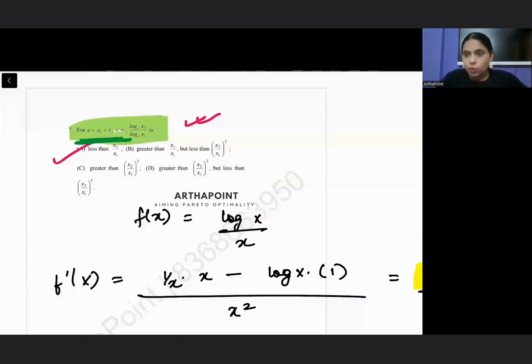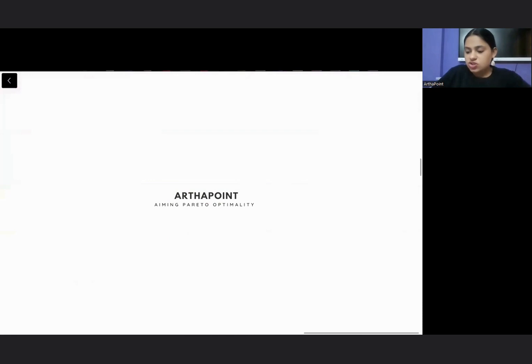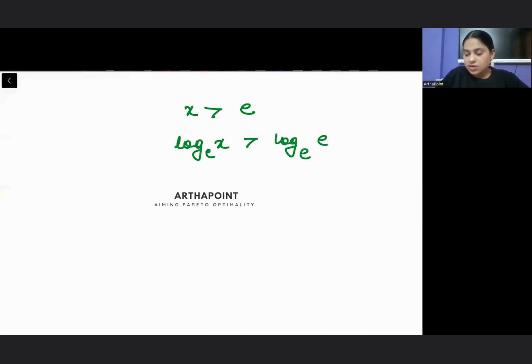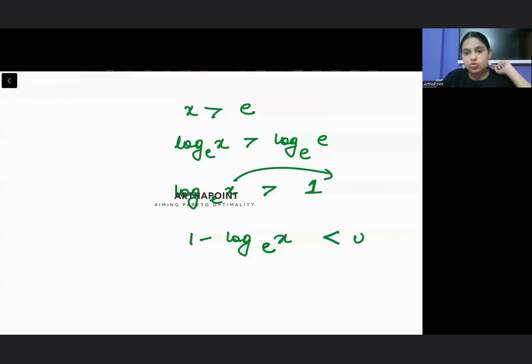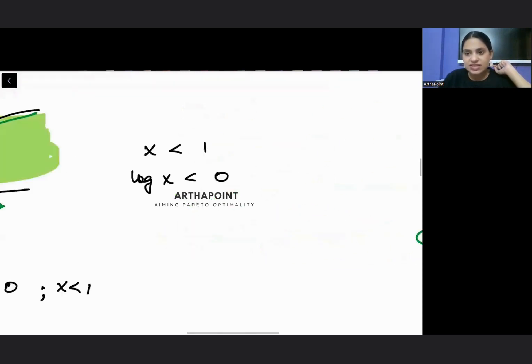Therefore, I can just use that. It tells me that x is greater than e. So I know that log x is going to be greater than log e to the base e, so log x is going to be greater than 1. Now if I find 1 minus log x to the base e, it is going to be negative, less than 0.